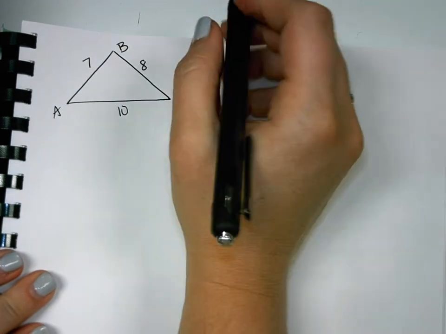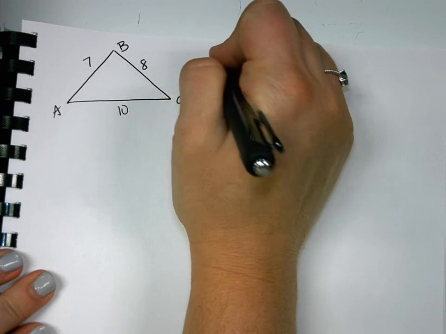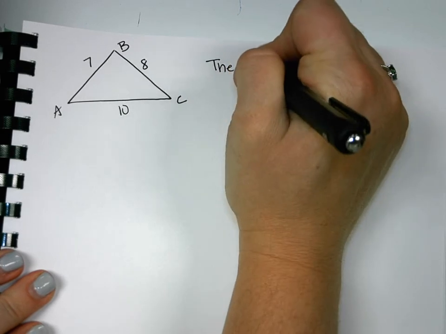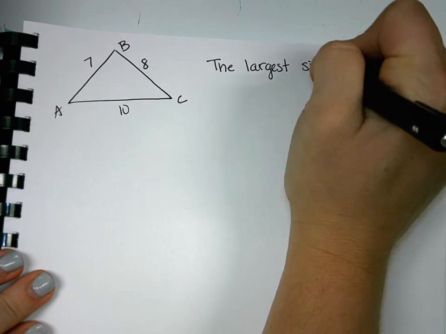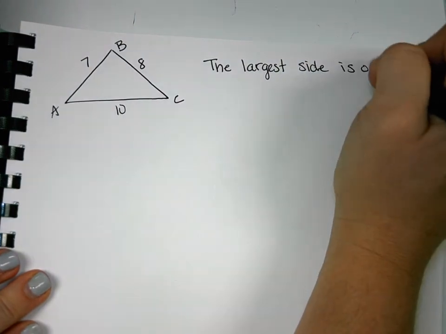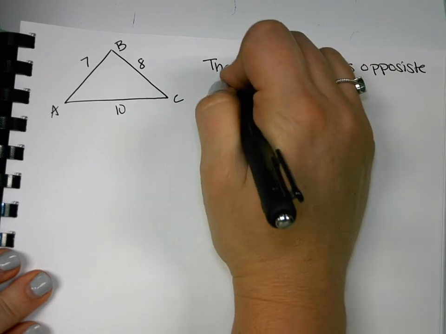The last part that we have on this section is a theorem that says the largest side is opposite the largest angle.